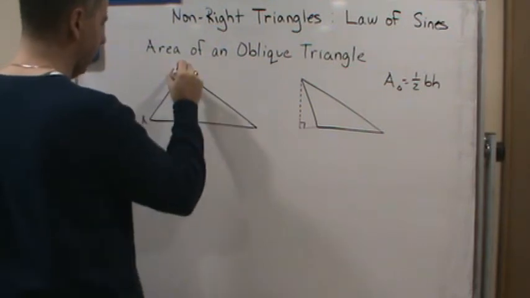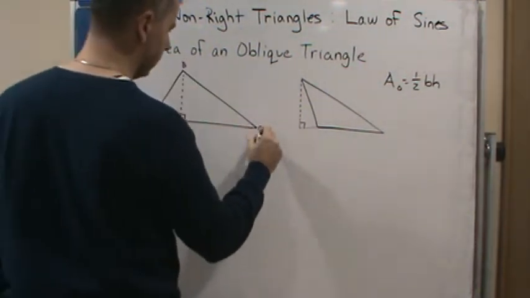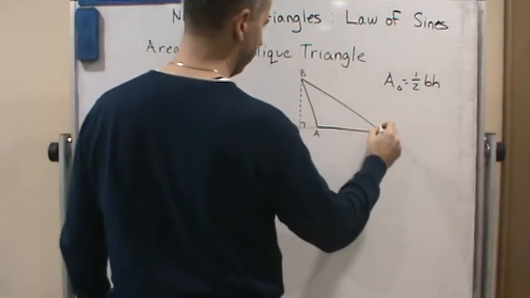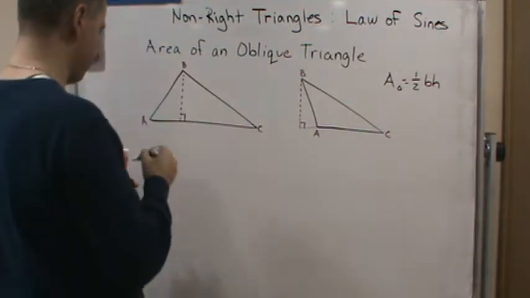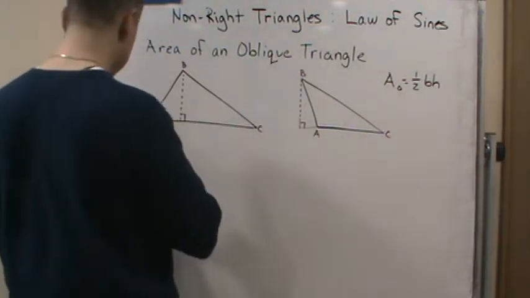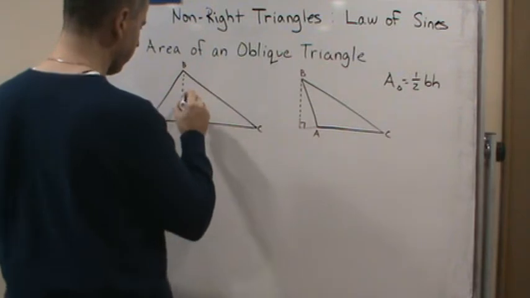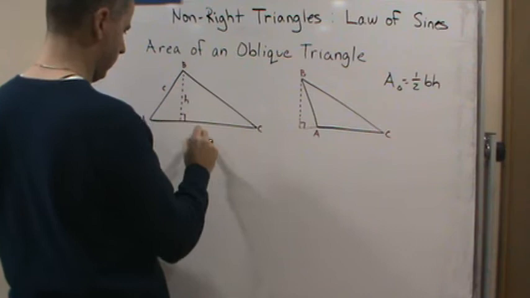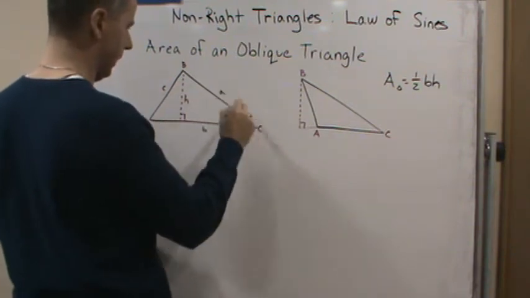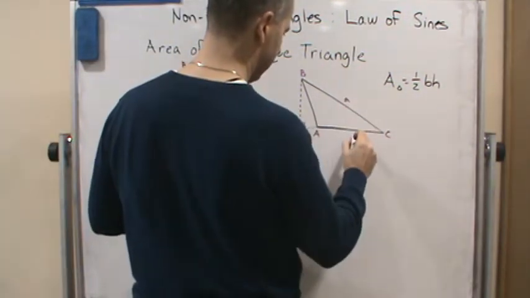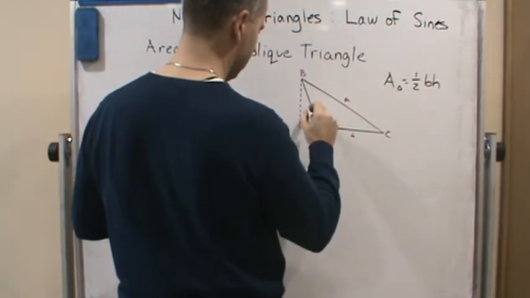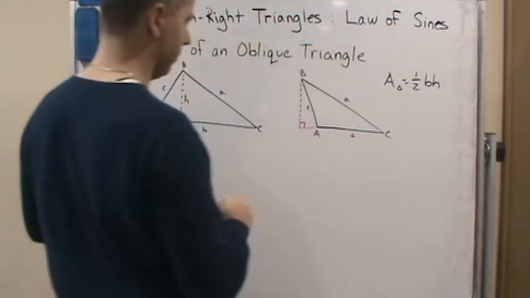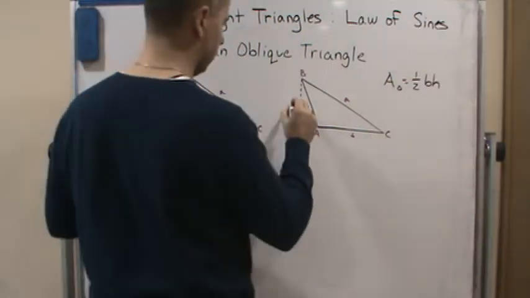So A, B, C, A, B, C, and so this is going to be H. This is going to be C. This is going to be B, A. So again, A, B, C. Oh, and this is H.